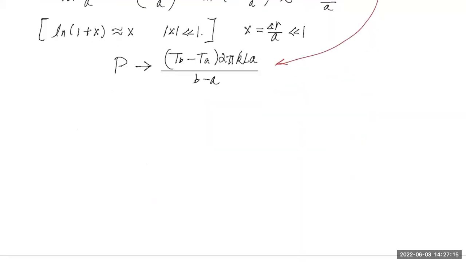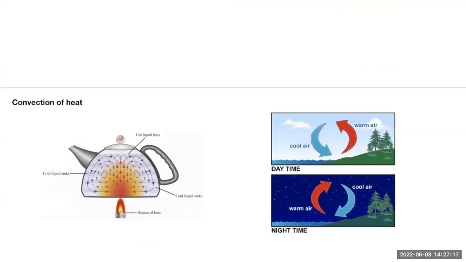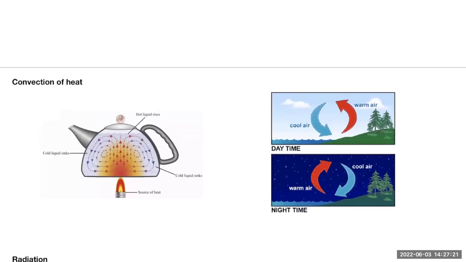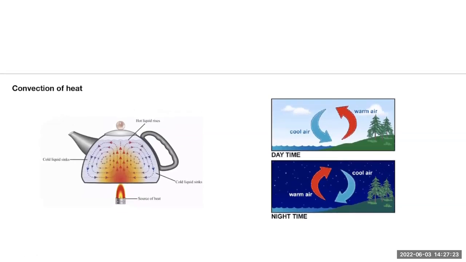Now we can talk briefly about convection and radiation, the other two modes of energy transfer through heat. The convection of heat differs from the conduction of heat in the sense that in convection, you actually have particles moving, flowing in the medium.